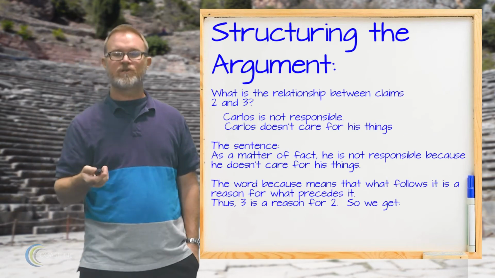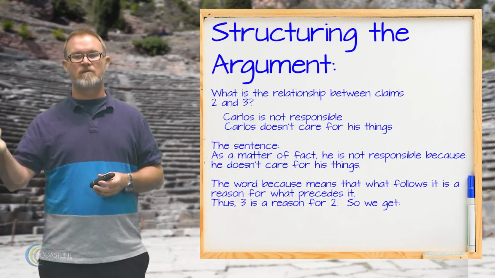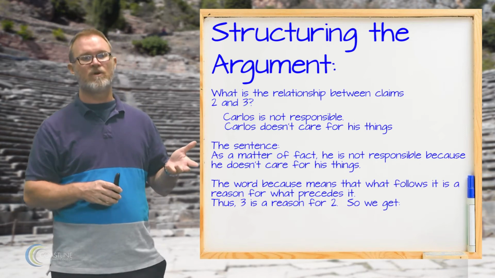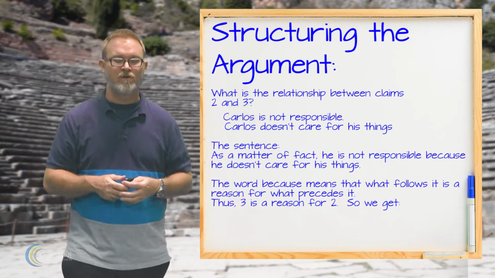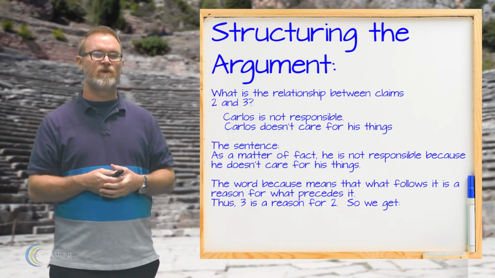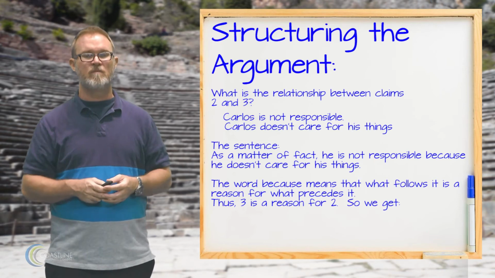Okay, so the first question we'll ask is, what is the relationship between claims 2 and 3? Claim 2 is that Carlos is not responsible, and claim 3 is Carlos doesn't care for his things. So what's the relationship between these two? What's the structure? What is the inference that's being made here?